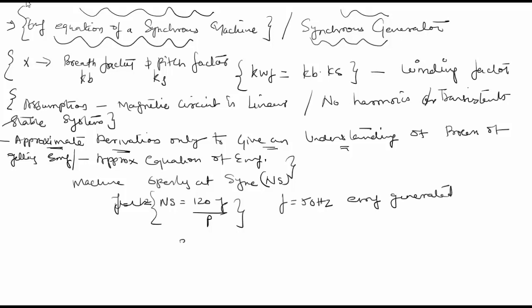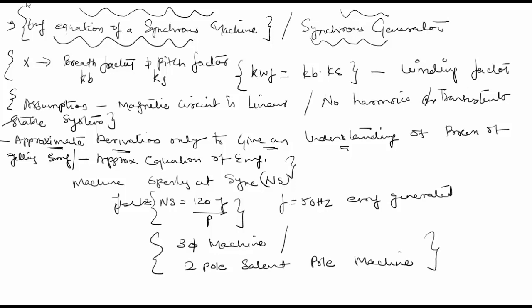Again, it is a three-phase, two-pole salient pole machine. The field is DC excited. These are some of the assumptions I want to consider while doing the derivation.